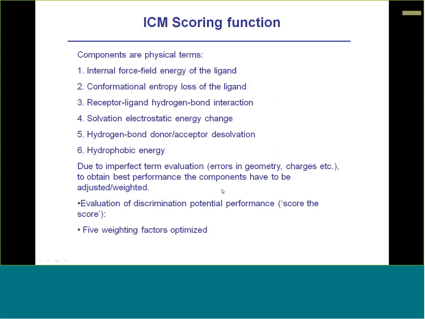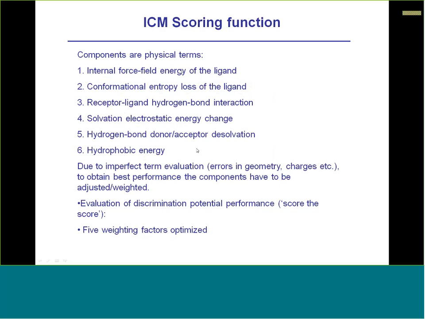Once you've docked your ligand, we have a scoring function, and the components of MolSoft's scoring function are the internal force field energy of the ligand, the conformational entropy loss of the ligand from outside the pocket compared to inside the pocket, the receptor ligand hydrogen bonding interaction, the solvation electrostatic energy change, hydrogen bond donor acceptor desolvation, and hydrophobic energy.